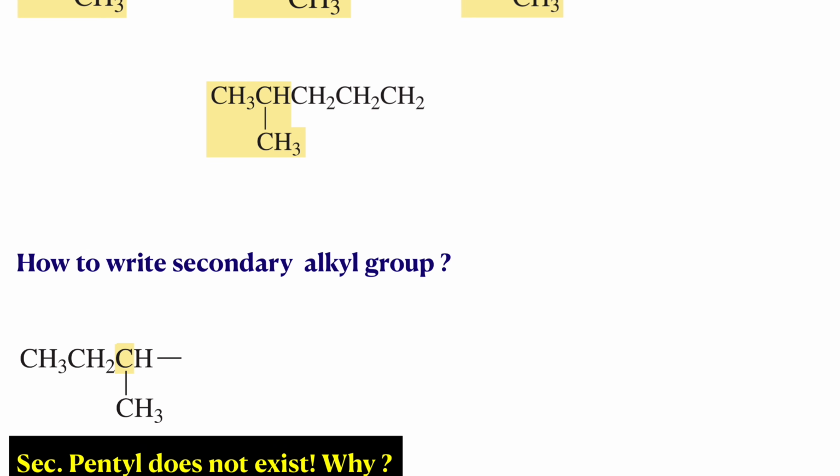And the next one, how to write a secondary alkyl group. In order to write a secondary alkyl group, hydrogen must be removed from a secondary carbon. So it should be CH with 2 alkyl groups. Here there is a point of attachment, where one hydrogen is removed. This is one carbon chain, and this is also one carbon chain.